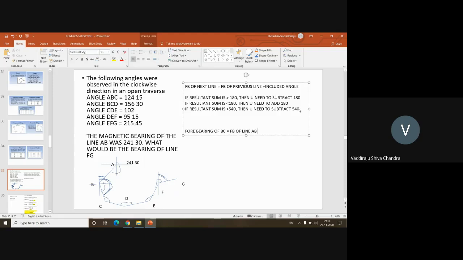AB and angle B. Forebearing of line AB is 241.30 plus angle B is 124.15. So what can be the answer? Please solve it and tell me the answers.